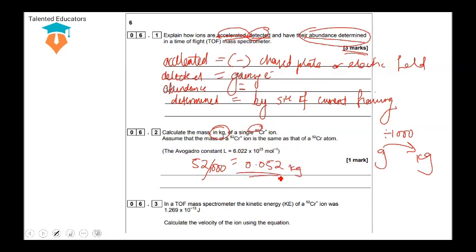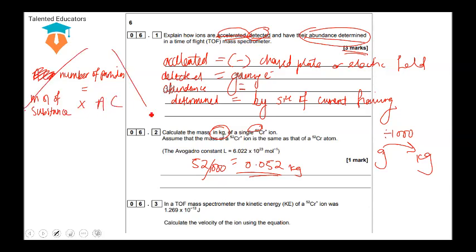And we also know that Avogadro's constant equation, hopefully you all know it, is number of particles equals mole of substance times Avogadro's constant.